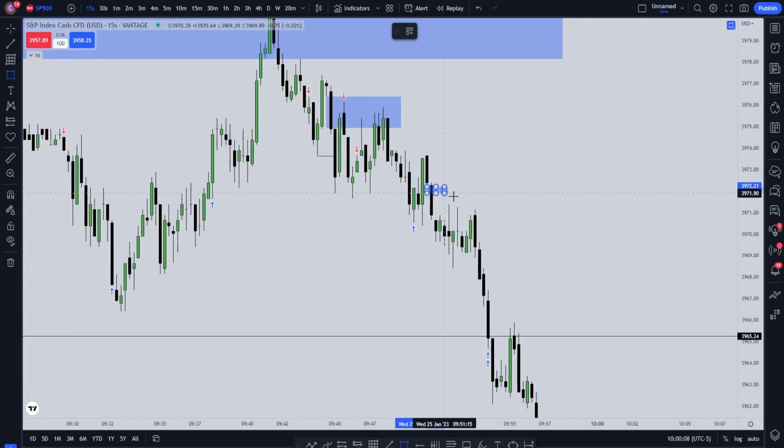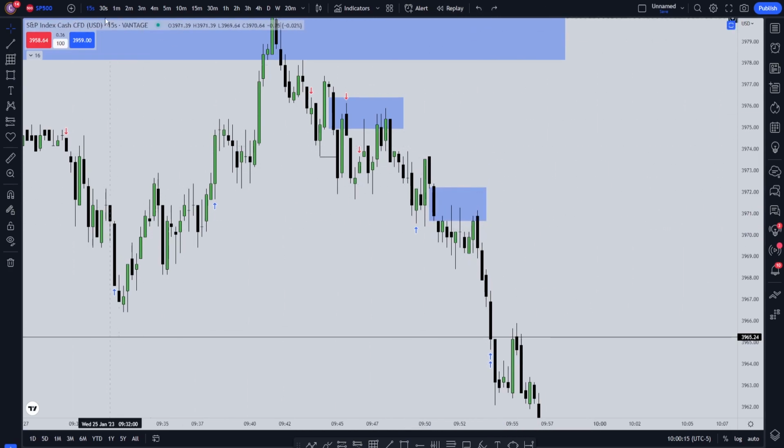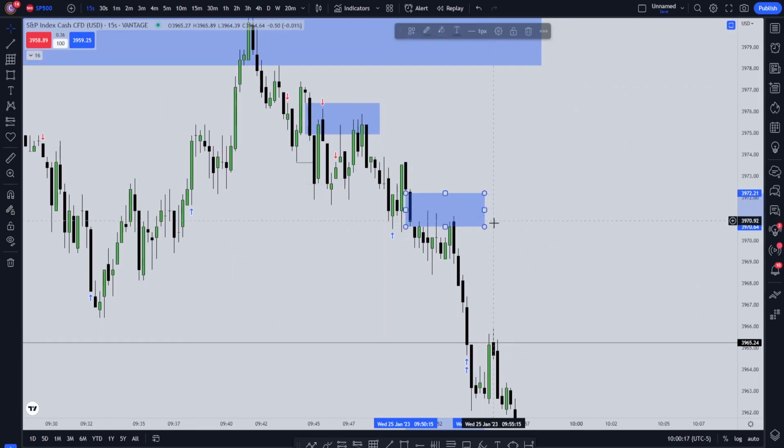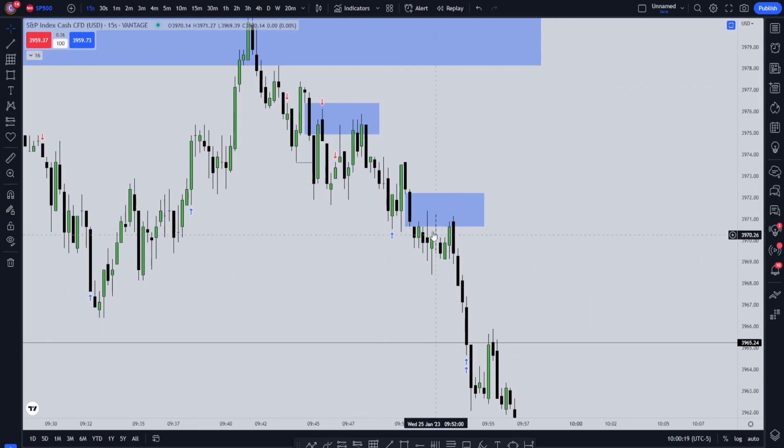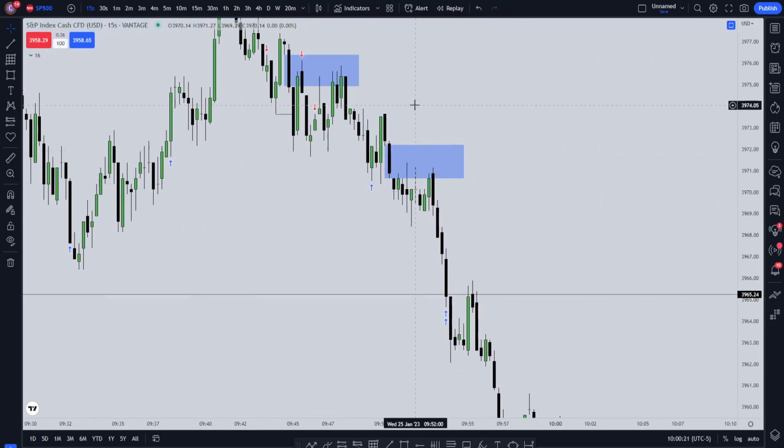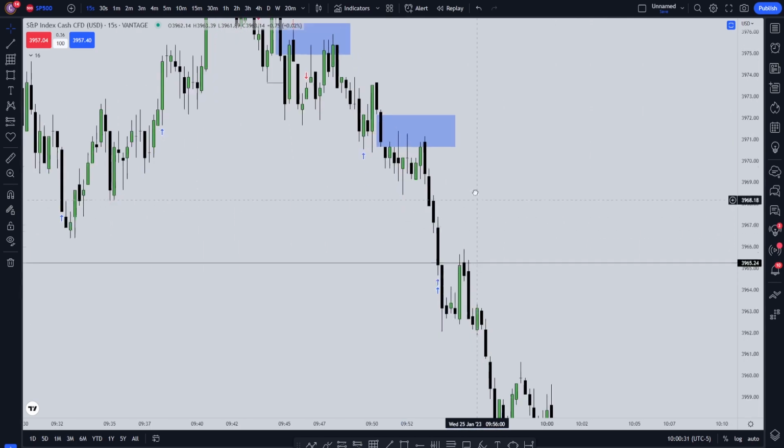Another entry was presented over here. I was also talking about this volume imbalance, but like I said, this is not the futures chart, so it's not guaranteed, so I just used the fair value gaps over here. So yeah, price came up into this fair value gap, wicked it, and if you look to the left, it's also an order block, and then price just rejected from it nicely.